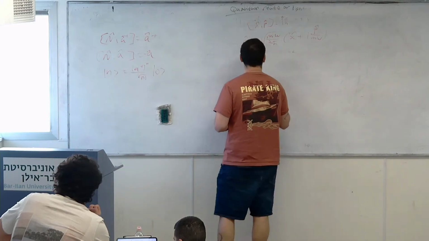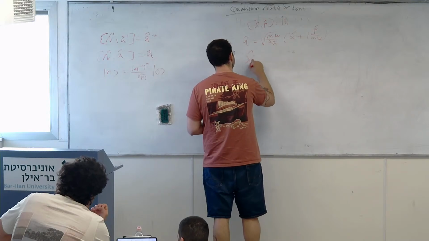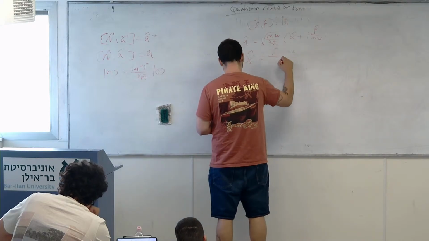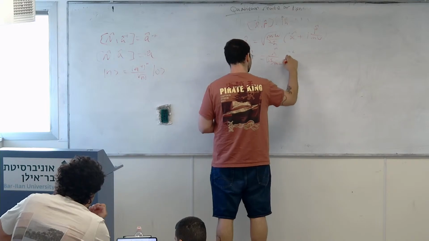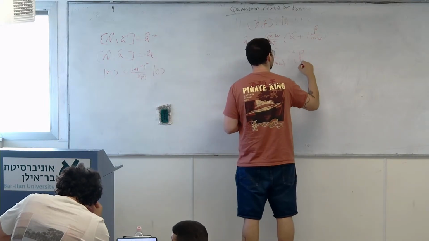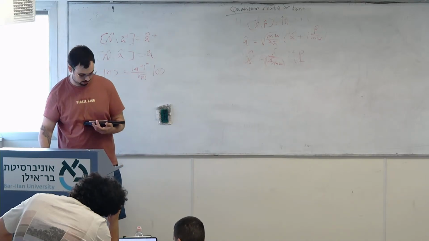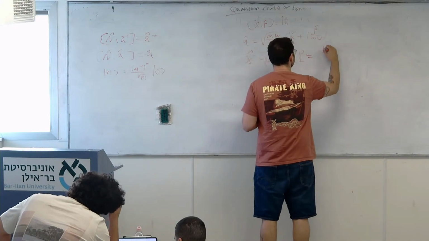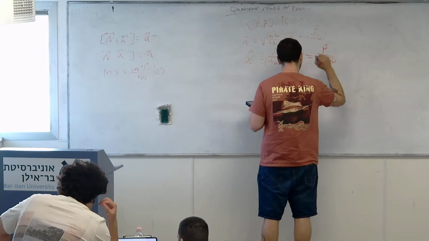And it's usually comfortable to define also the normalized quadratures, which are x times the square root of omega over 2 h bar, and p divided by the square root of 2 h bar omega.